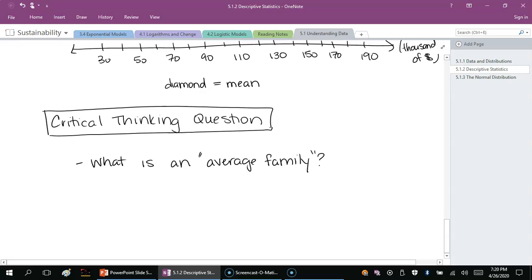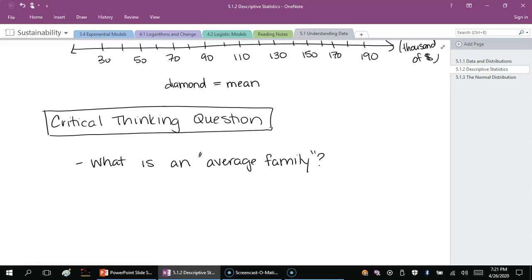And this gets back to the idea that the mean is actually pretty hard to interpret. When we see a phrase like average family, what we probably are getting at is that this family is a good representative of people, of households. But statistically, what the average is telling us is something else entirely.